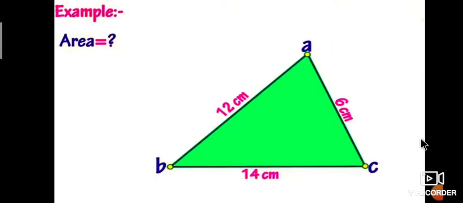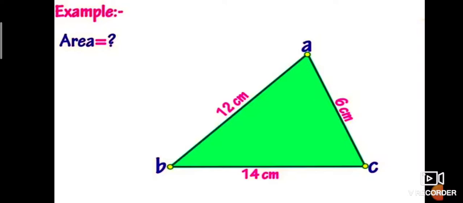Next one is find the area when three sides are given. One side is 12 centimeter, second side is 40 centimeter, third side is 6 centimeter. We have no idea about this yet. Students, in our higher classes, when three sides of a triangle are given, we use Heron's formula for easy finding of area.